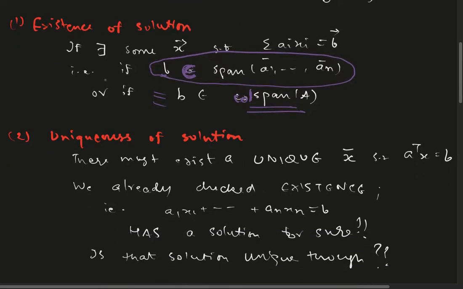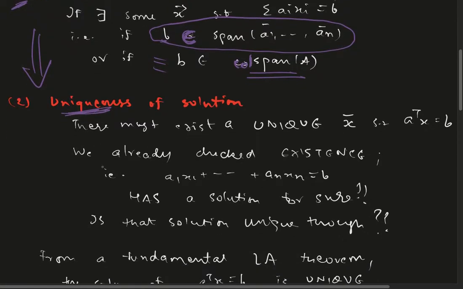Now, assuming we have already checked condition number 1, we move on to checking condition number 2, that is the uniqueness of the solution. Once we have concluded that a solution exists, we need to find whether a single solution exists, that is whether the solution is unique, or whether multiple solutions exist.